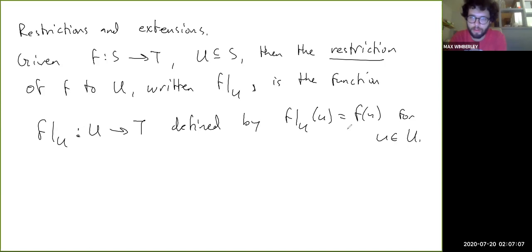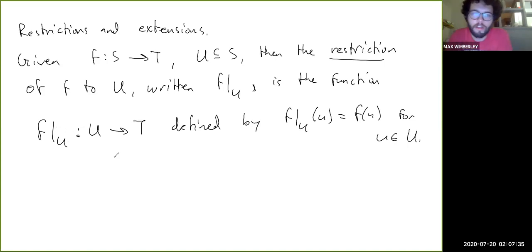You don't mess with the domain without talking about it. You can't just ignore this. You can't sweep this under the rug. If you mess with the domain, if you restrict a function, if you extend a function or whatever, that is absolutely critically important to talk about, unless it's extremely obvious what you're doing. Or at least to bear in mind, you have to be careful about it, okay?